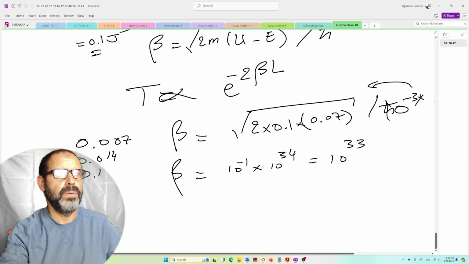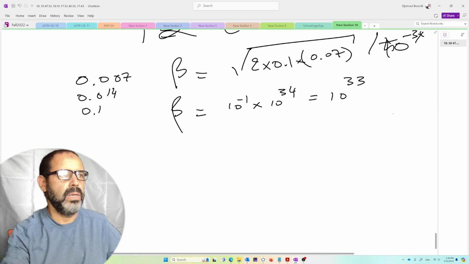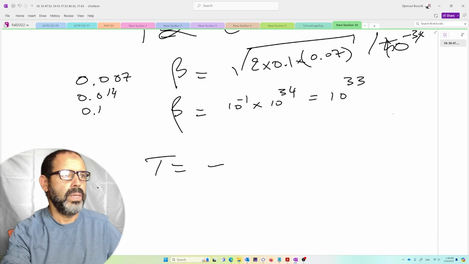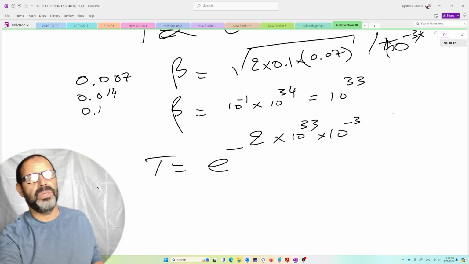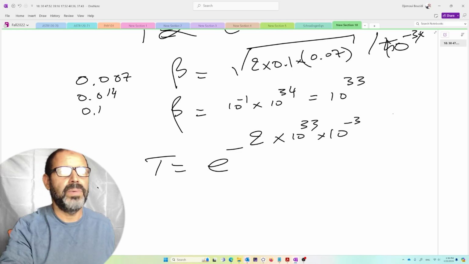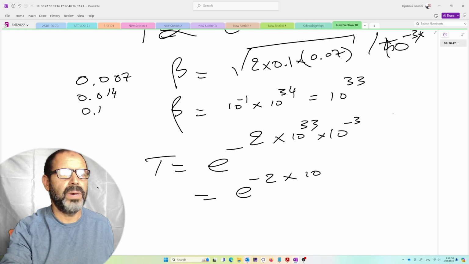So beta is huge, okay, which makes T extremely small, because T would be then e to the negative 2 times 10 to the power 33 times the width, which we said 10 to the negative 3. We could have made it 10 to the negative 2, but that's going to make this number actually bigger than what I've chosen here. So it's going to be e to the negative 2 times 10 to the power of 30.